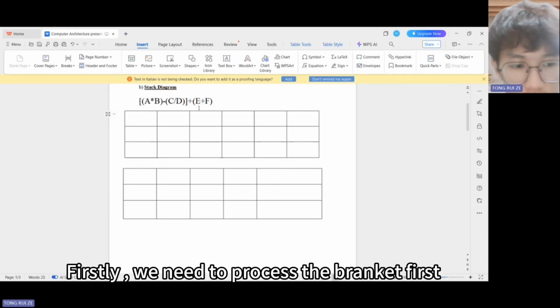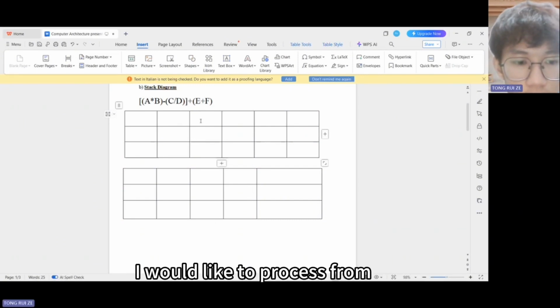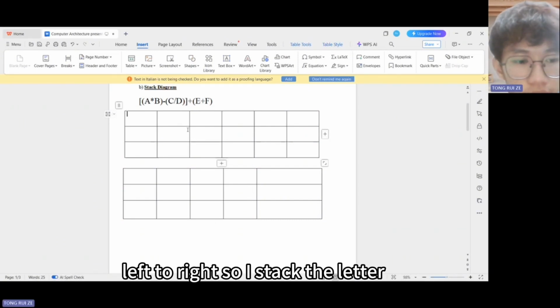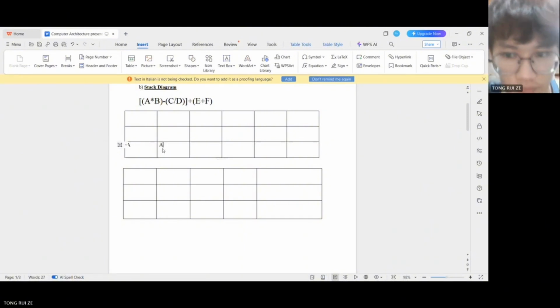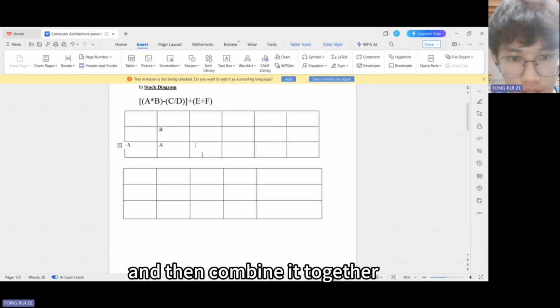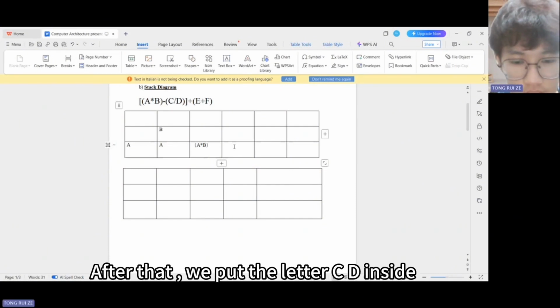Firstly, we need to process the bracket first, and then we need to put the multiplication inside. I would like to process from left to right, so I stack the letters. Then we combine it together. After that, we put the letters CD inside.